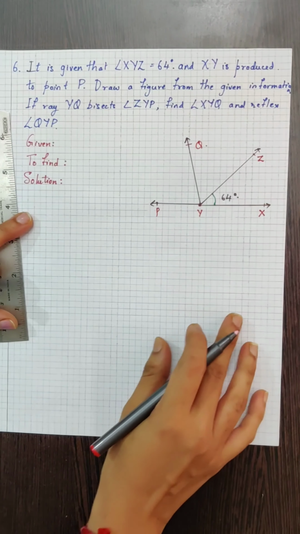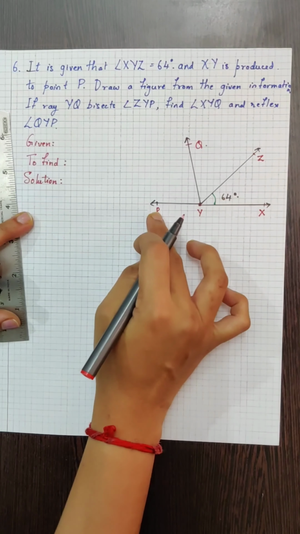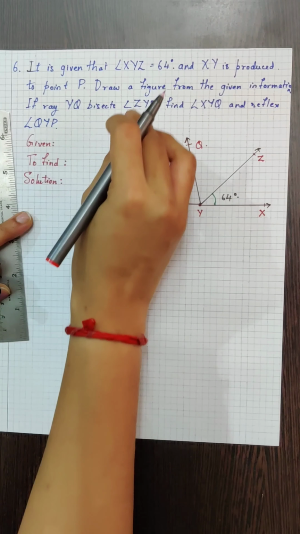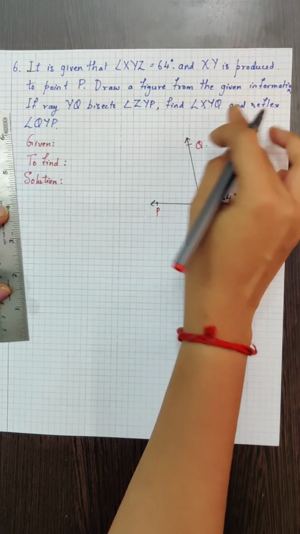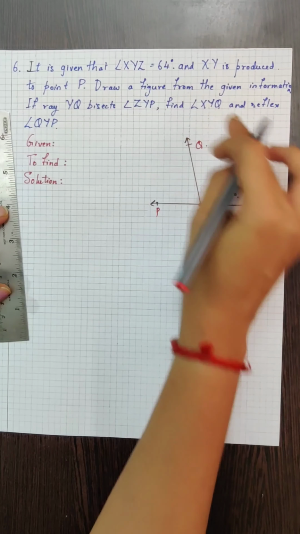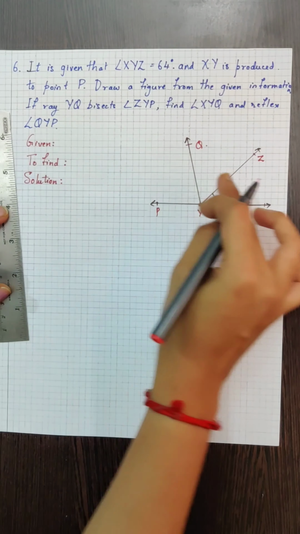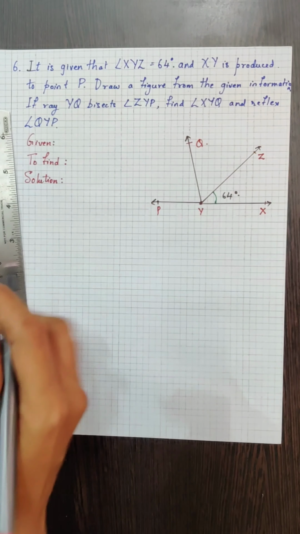I'll name it as Q. So ray YQ bisects the angle ZYP. So from all of this given information, finally we have to find out what is angle XYQ and reflex angle QYP. So these are the two things that we have to find out.